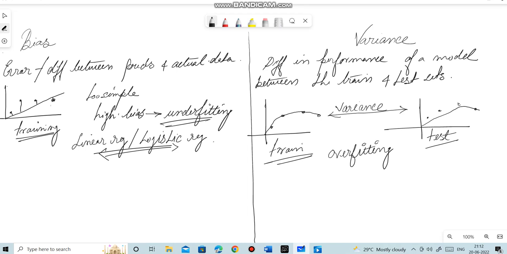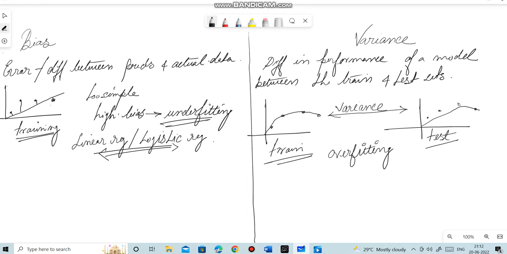That is, the model is not generalized well enough. It performs very well on the training data, but due to lack of generalization, it doesn't transfer well when new data points are given to it for testing.